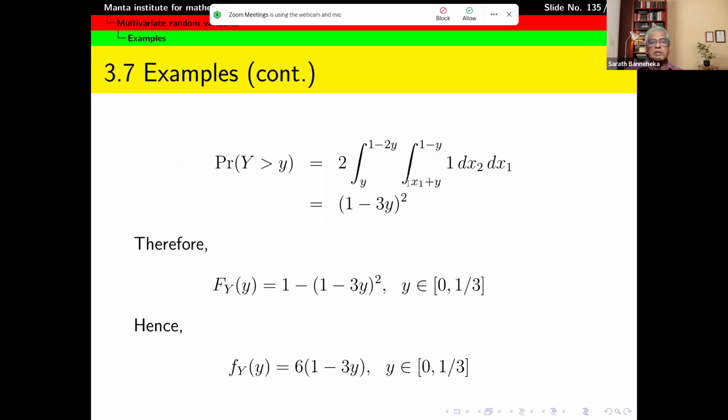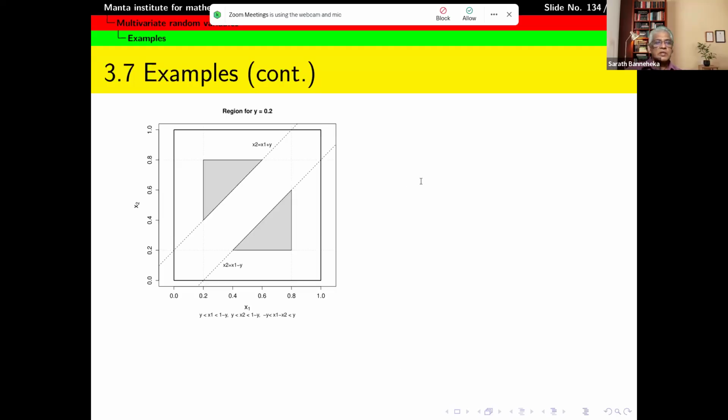So here, integrating, first of all, to get the volume over this region, you have to integrate from here to here, and then x will be going from this y to 1 minus y.